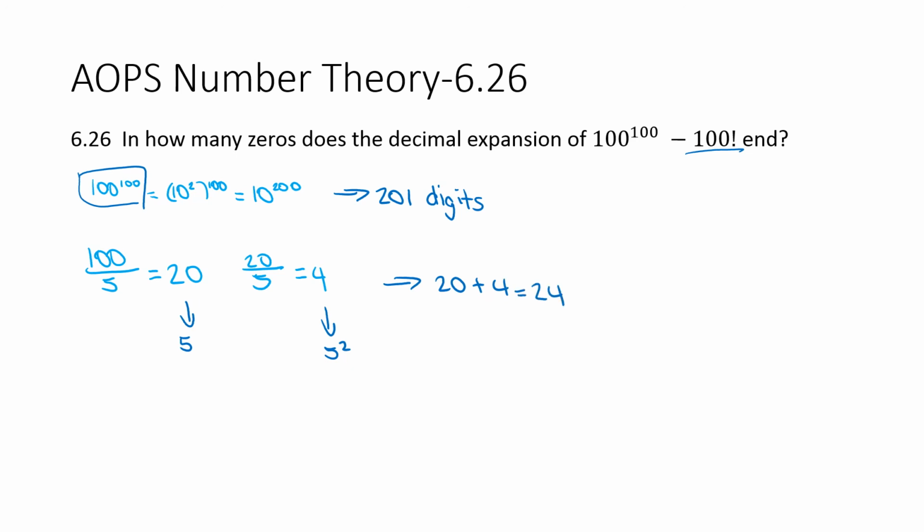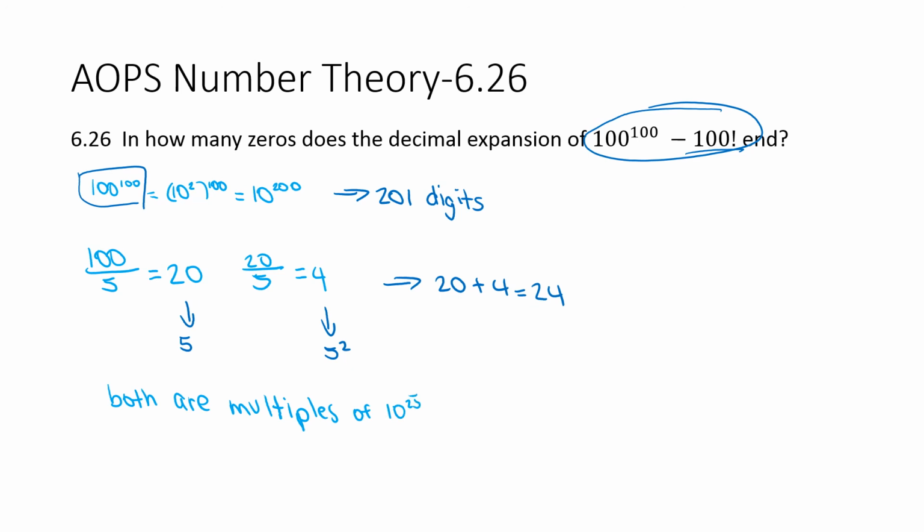So when we subtract these two, both integers are multiples of 10 to the power of 24.